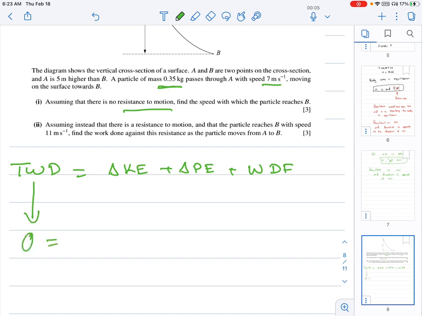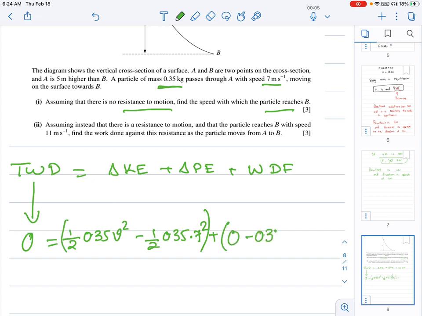Delta KE means final kinetic energy, which we have to find: half m, 0.35, v square, minus initial kinetic energy, half m, 0.35 times 7 square, plus final potential energy is 0, minus initial potential energy m g h, g is 10, h is 5, plus work done against friction.